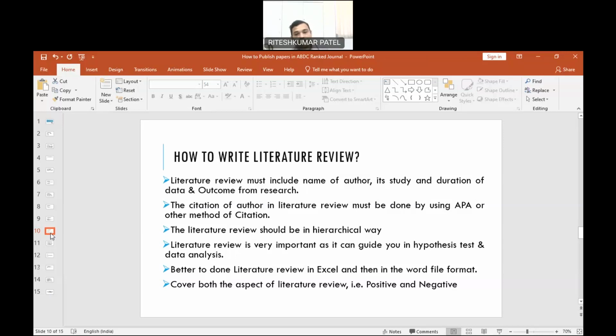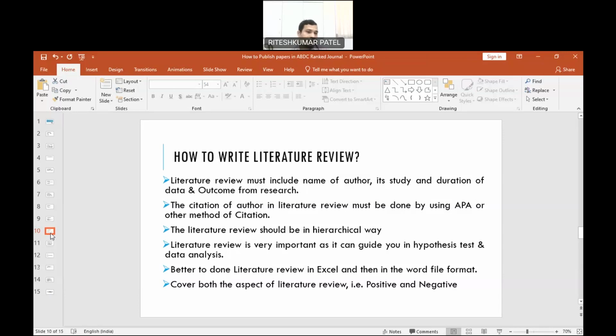Next, the citation of the author in the literature review must be done using APA or another method of citation. Here I suggest that you read the journal guidelines in advance to see what kind of reference style they prefer. Some journals go with APA, some with MLA, some with Harvard and some with other methods. Whatever they prefer, you do the citations and referencing in a similar way.